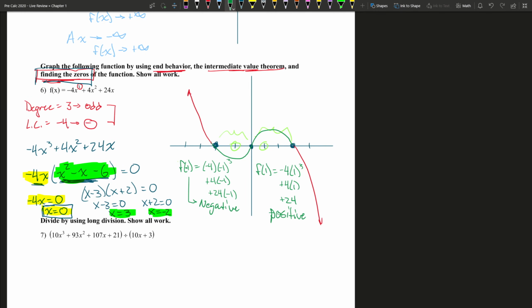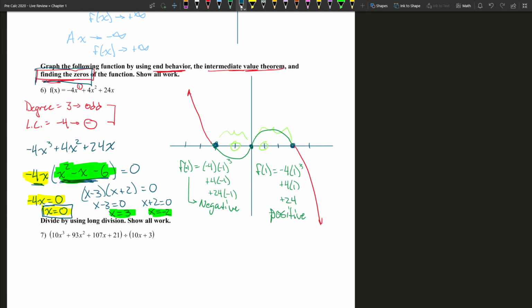Okay, zeros. All right, so the zeros is everything in blue. When we're finding the zeros, normally it's going to come down to factoring something out and then either factoring again or using the quadratic formula.